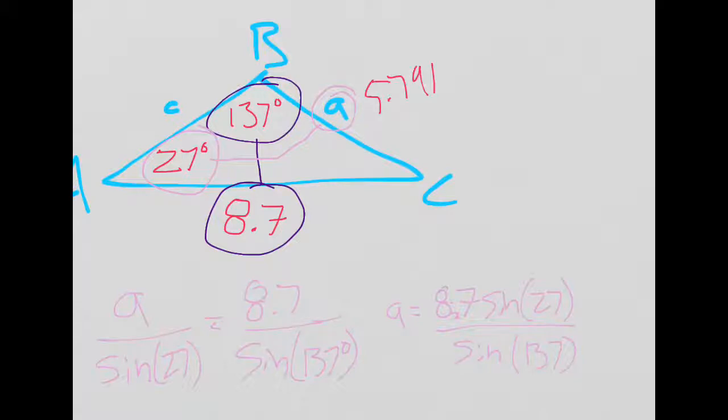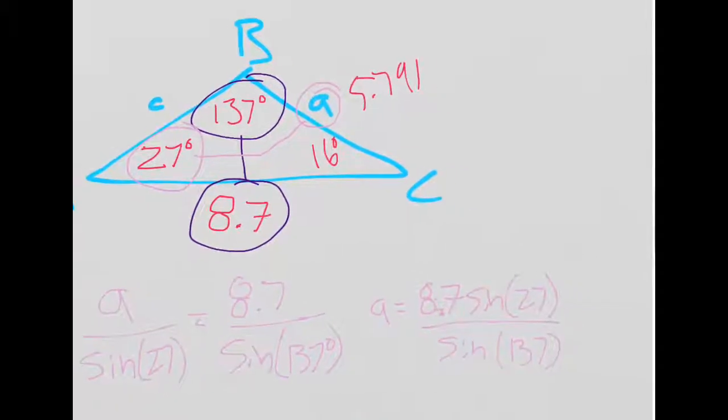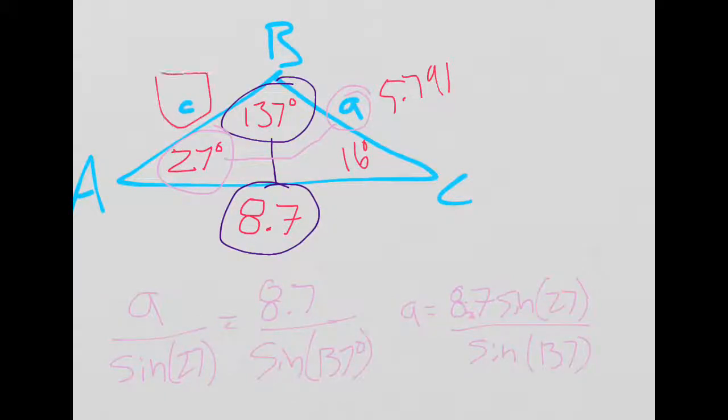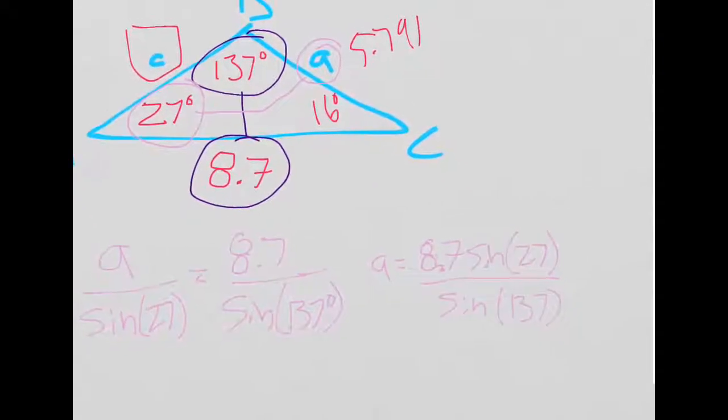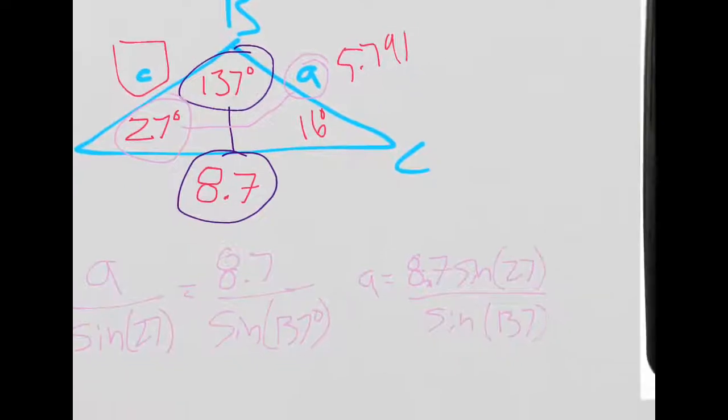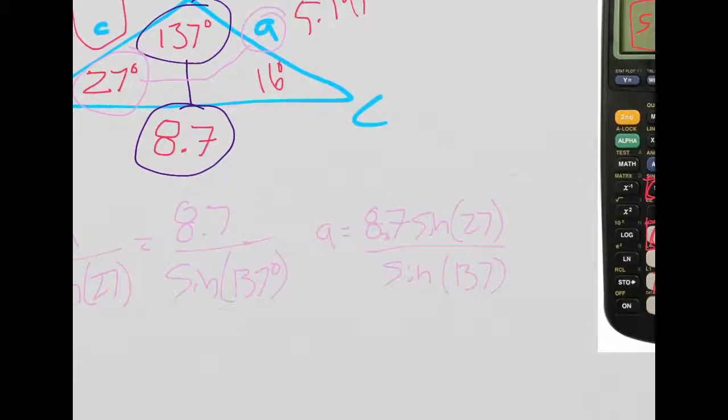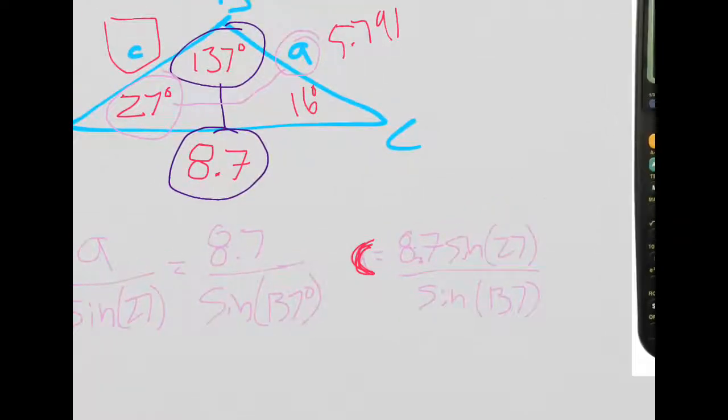Now, if we wanted to completely solve this triangle, we could take 180 and subtract 137 and subtract 27 again. That would give us 16 for that angle right there. And then we could do the same thing to find side C. But look how easy it actually is. The only difference here is instead of using that angle 27 degrees, for side C we need to use the angle from angle C, which is 16 degrees.